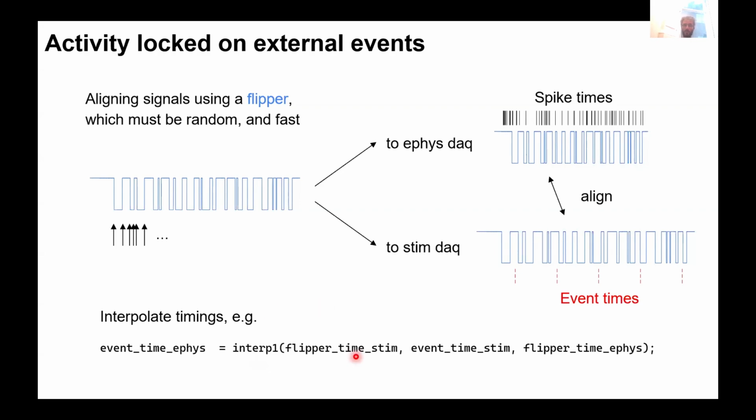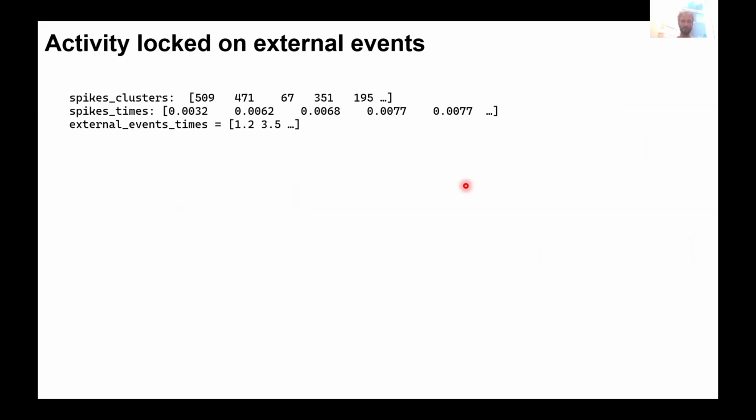But actually, interpolation may give you a better approximation. So that's basically what you do. You interpolate what's the exact timing of this spike or this event in this time frame or this time frame. And that's because sometimes the time compression can vary over time itself. Anyway, let's go into the details, but that's something you need to keep in mind.